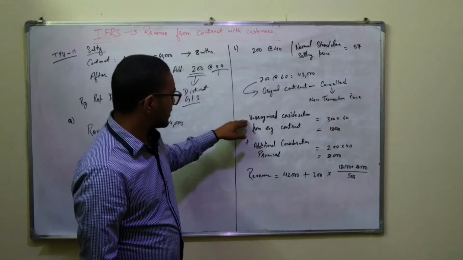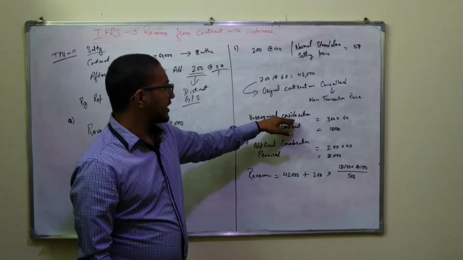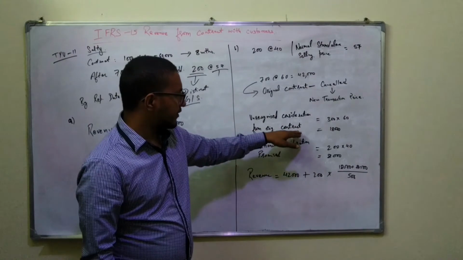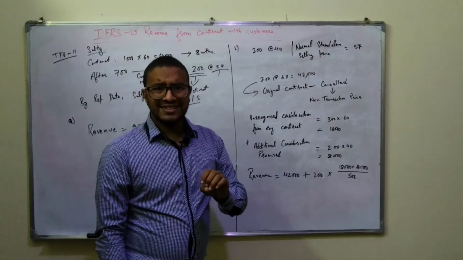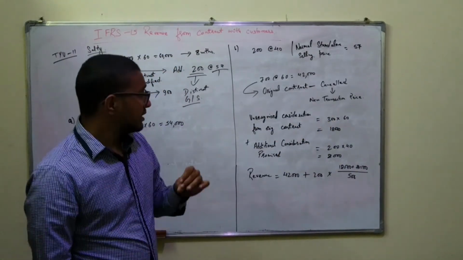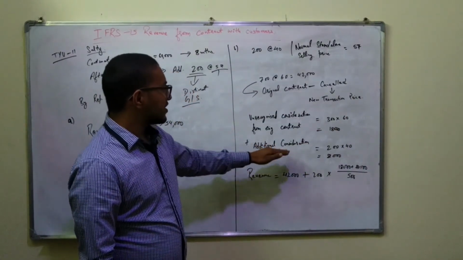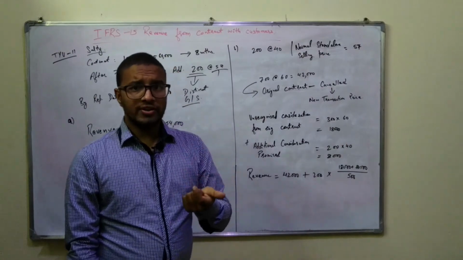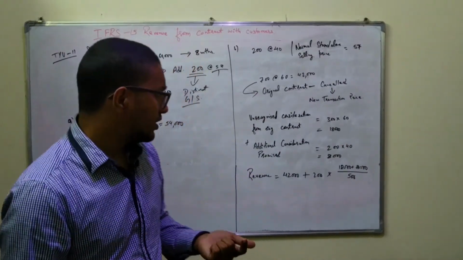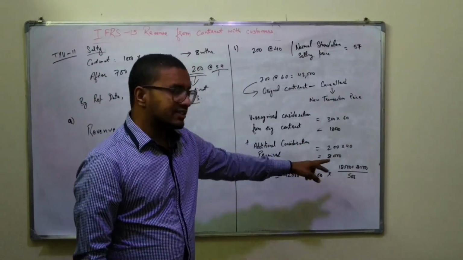So let's see the wordings as well. Unrecognized consideration from original contract. So the unrecognized is 300 still left to be supplied, right? Into 60, 18,000, and then additional consideration promised is 200 into 40, because that particular entity is only giving us 8,000.